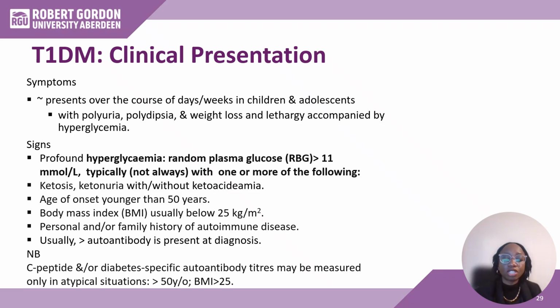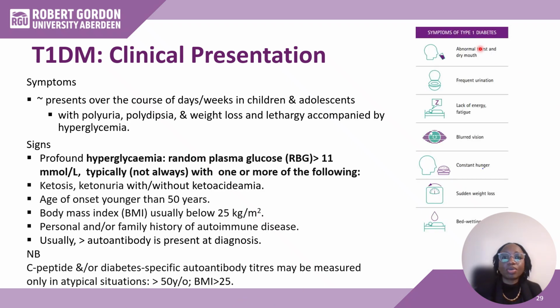So there are ketones in the blood and the urine or in the breath as well. We have age of onset younger than 50 years, a low BMI, family history of an autoimmune disorder, and sometimes the presence of autoimmune antibodies.